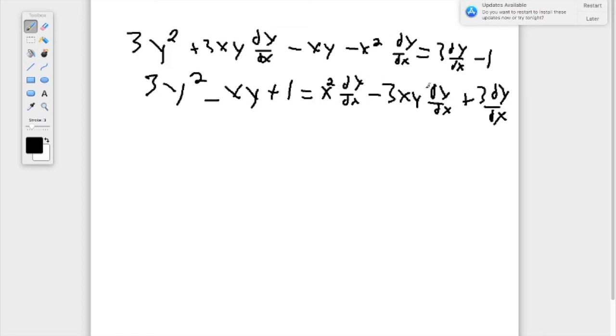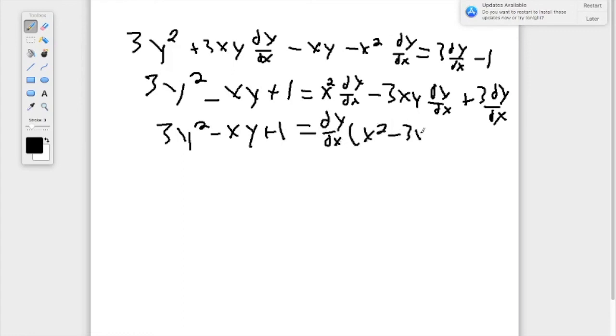So now that we have all the dy dx's on the right side, we all know that they share a common factor of dy dx. Thus, we can factor it out. So we get 3y squared minus xy plus 1 equal to dy over dx times x squared minus 3xy plus 3.